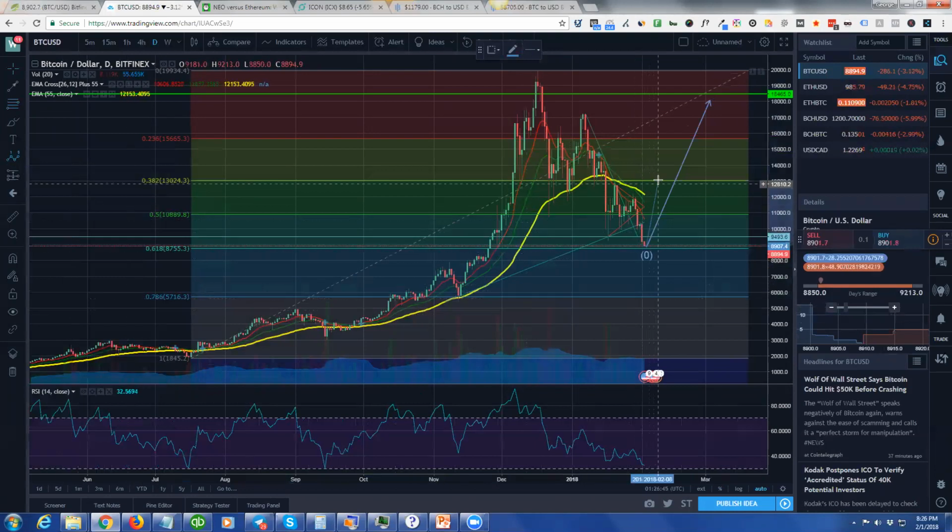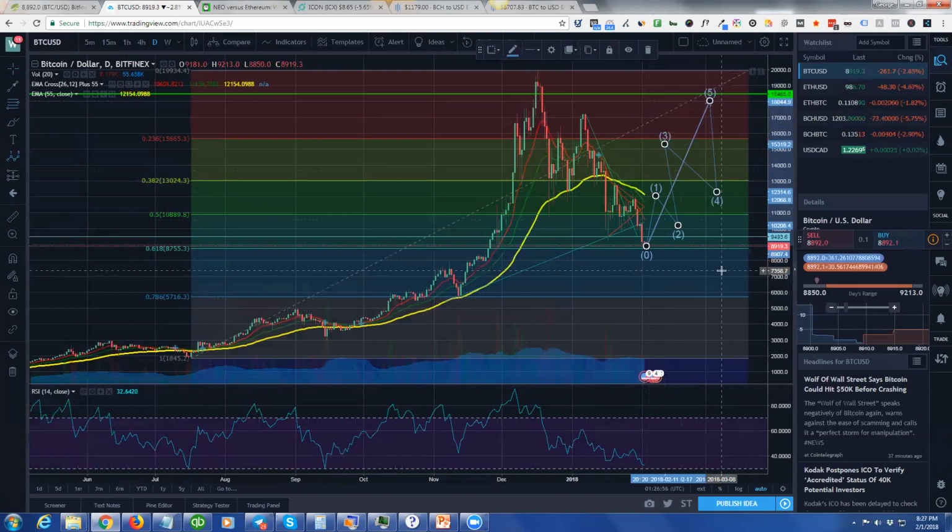So we'll start here. It'll come up maybe to 12,000, pull back down here, maybe come up here, come down here, come up here. So we'll see those kinds of movements.